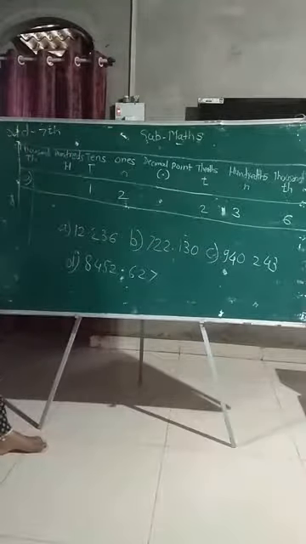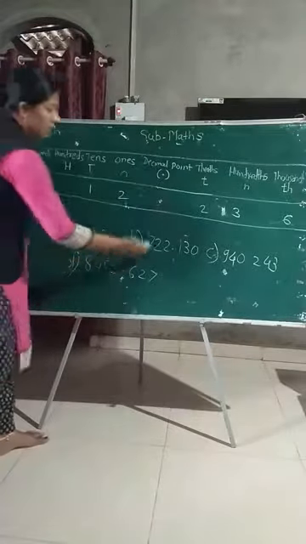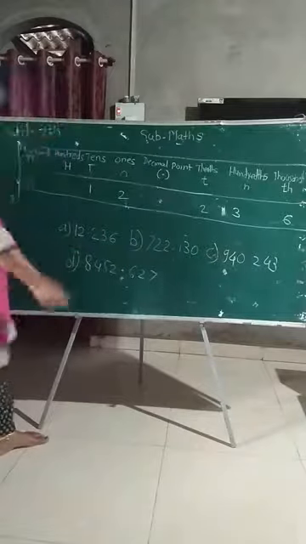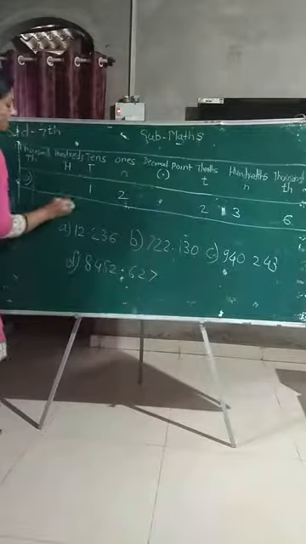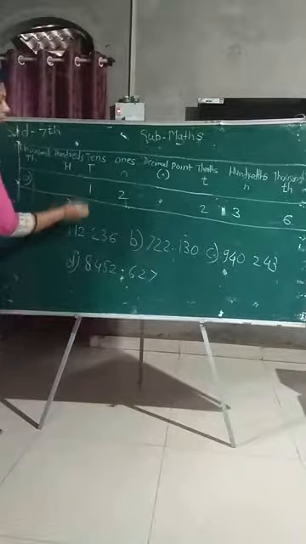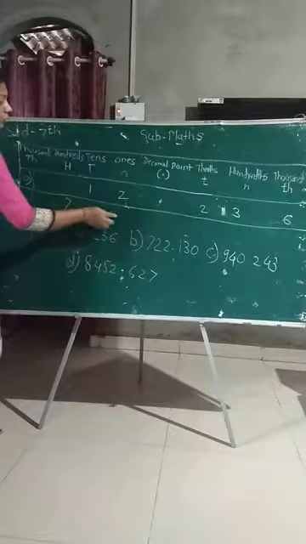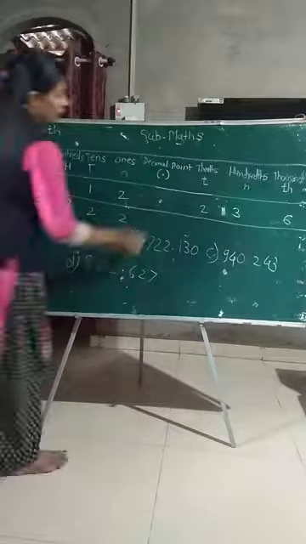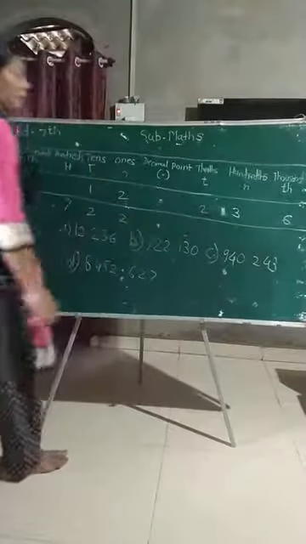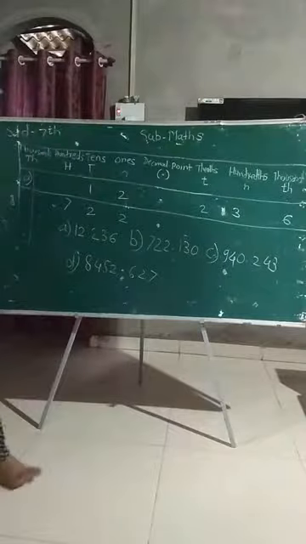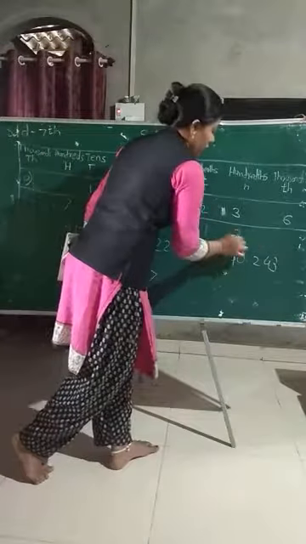That means whole number part is of 3 digits. So we write here on hundreds place 7, on tens place 2, on ones place 2. Give here decimal point. After decimal point, there are 3 decimal places, 1, 3 and 0.